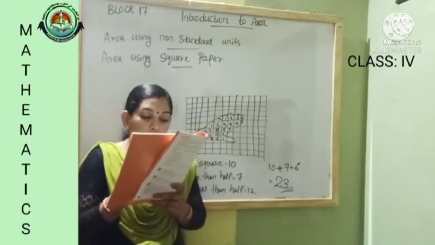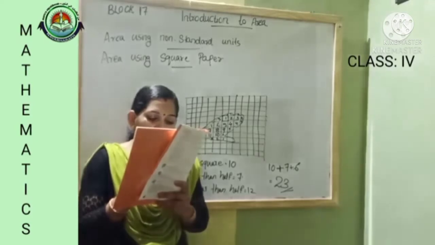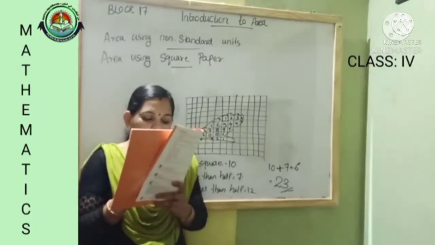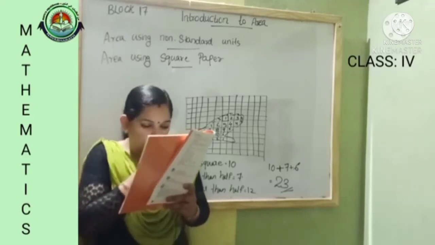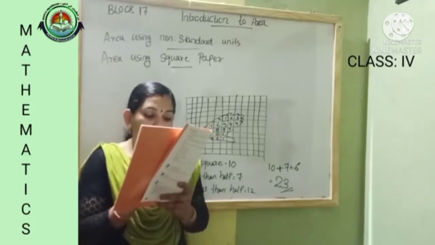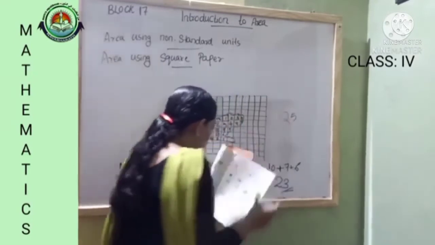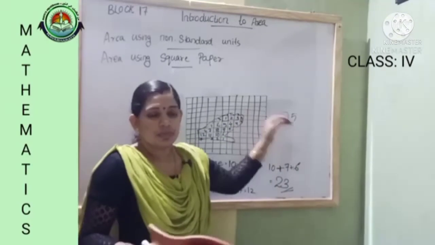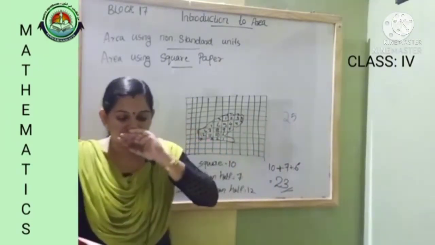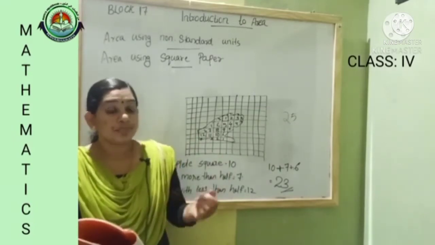First figure, 1, 2, 3, 4, 5, 6, 7, 8, 9, 10, 11, 12, 13, 14, 15, 16, 17, 18, 19, 20, 21, 22, 23, 24, 25. 25 complete squares are there.